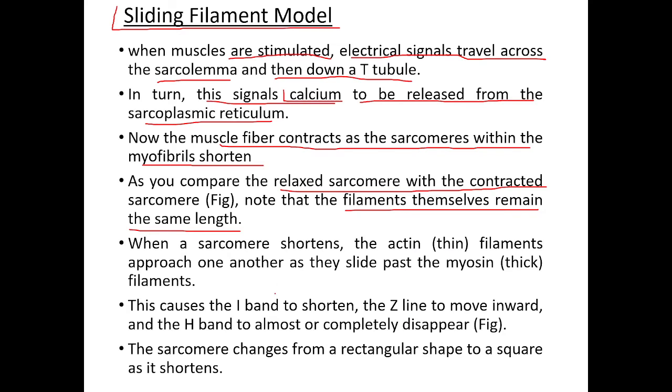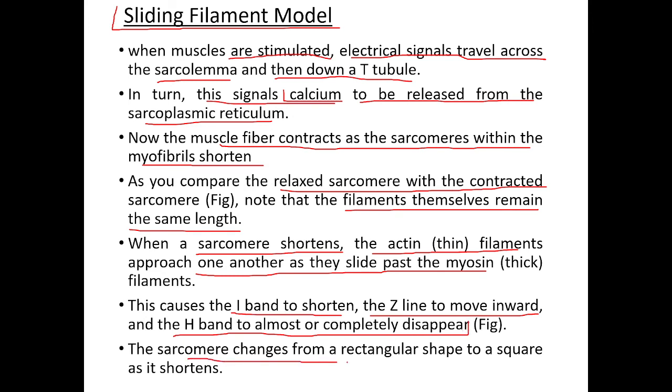So when the sarcomere shortens, the actin filaments approach one another as they slide past the myosin filament. This causes the I band to shorten, the Z line to move inward, and the H bands to almost or completely disappear, as we have seen in the figure.